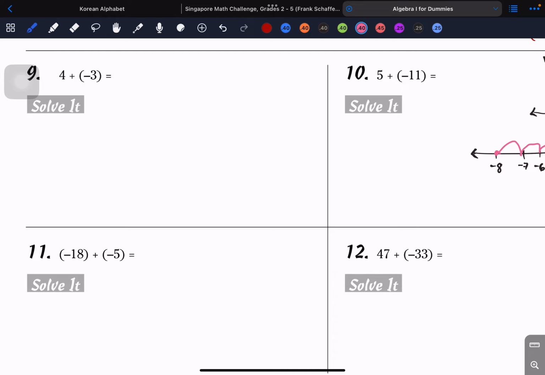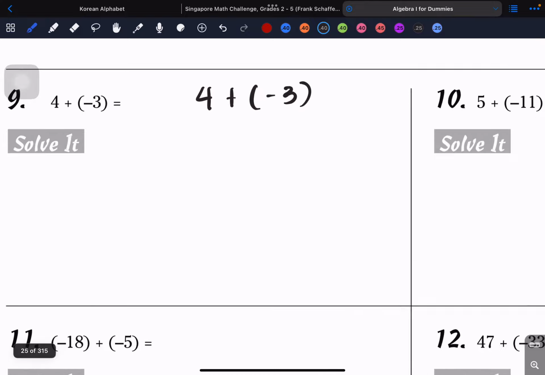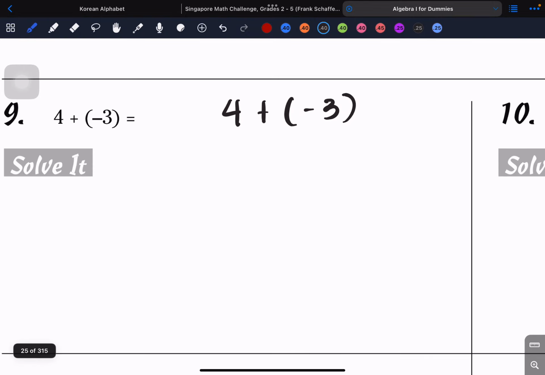4 plus the quantity of negative 3. Magkaibang sign sila. So, anong rule natin pag magkaibang sign? You take the absolute value. Kunin mo muna, ano ba yung numero na malaki? Si 4.